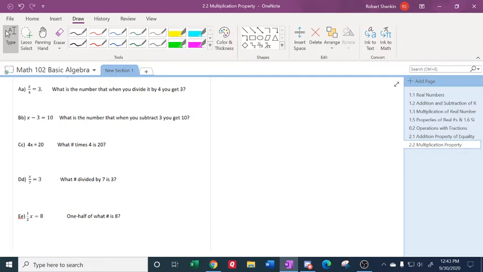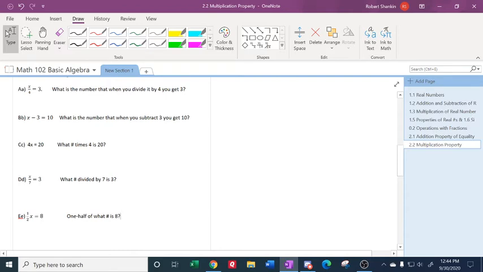Now notice I used the word "of." I could also have said 1/2 times what number. But it turns out that when you have fractions, multiplying is the same as the word "of." Multiplying and "of" will often just swap each other out.